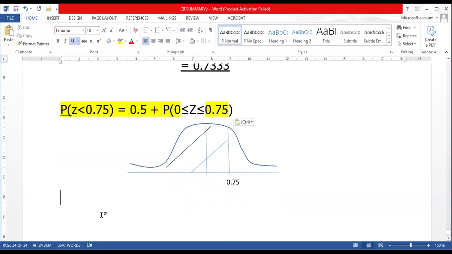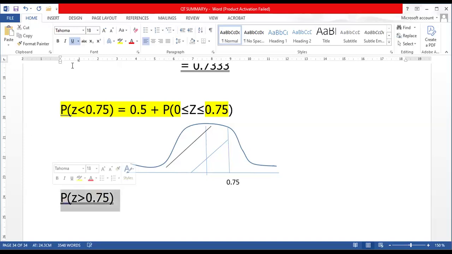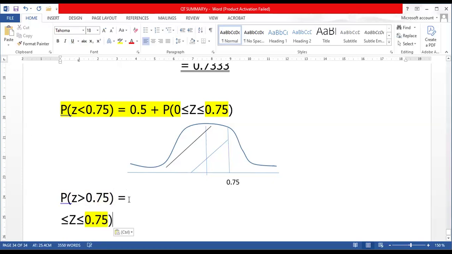Then what if you have the probability that z is greater than 0.75, after standardizing? Assume you have this. Where do you shade?